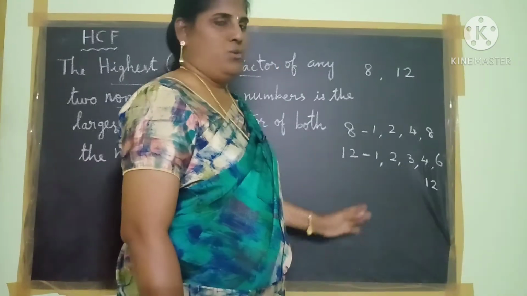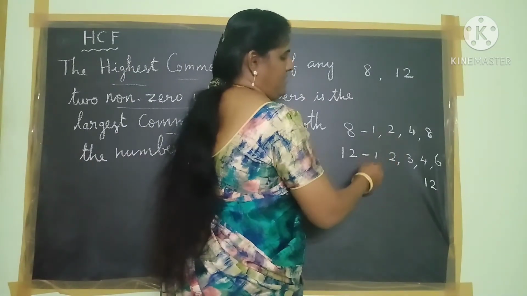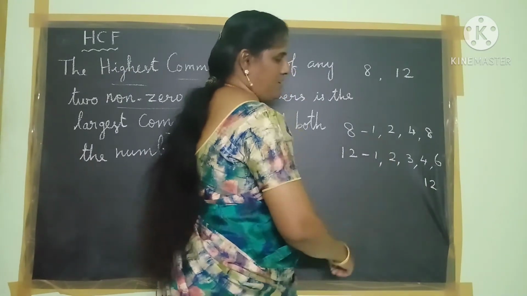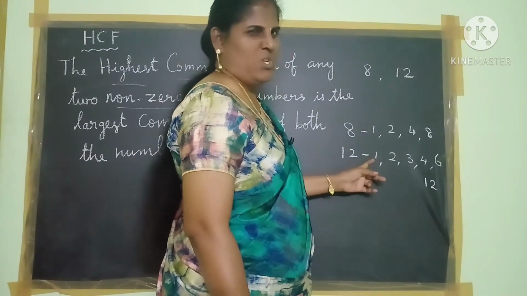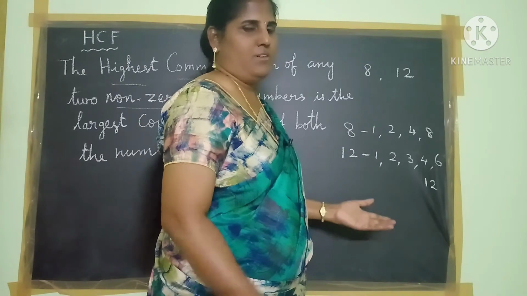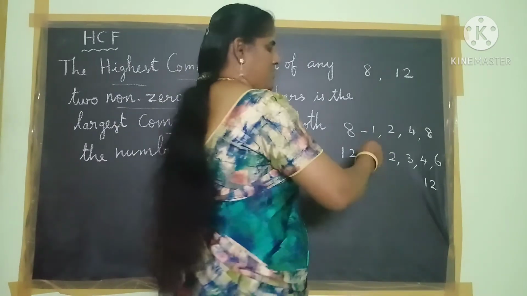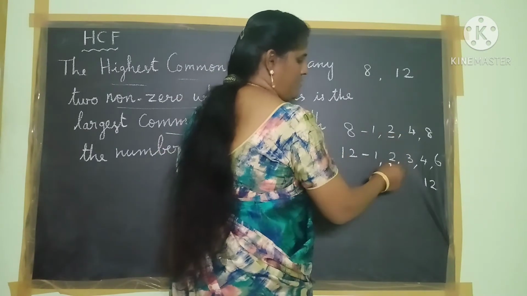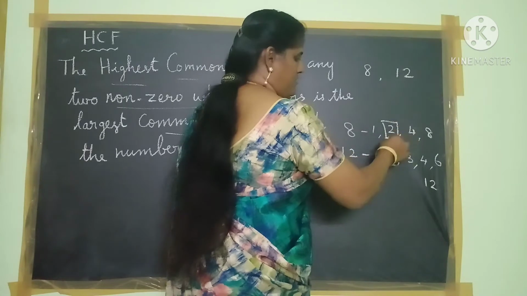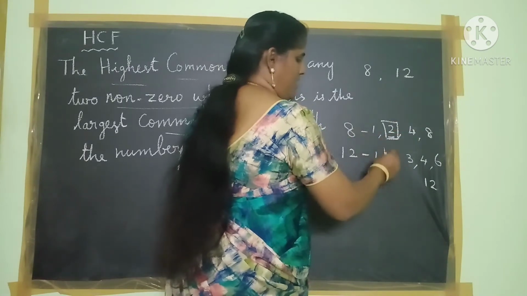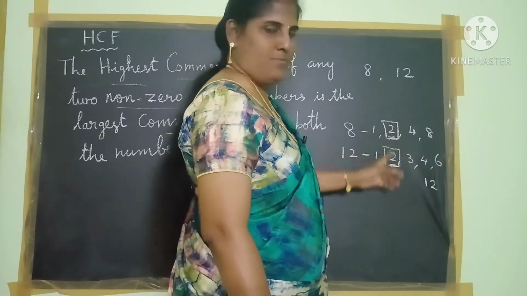After that, you find out the common factors of both numbers. See, 1 is common, so no need to take the 1 table because all numbers have the 1 table. Next, the 2 table: 8 can be divided by the 2 table and 12 also can be divided by the 2 table, so 2 is a common factor of both.